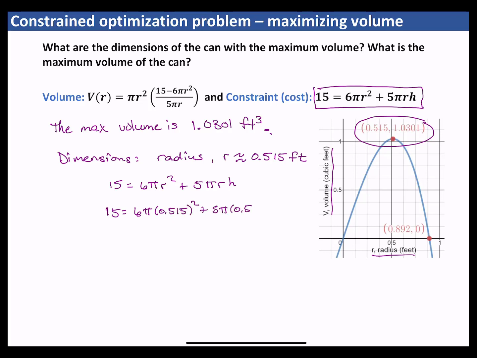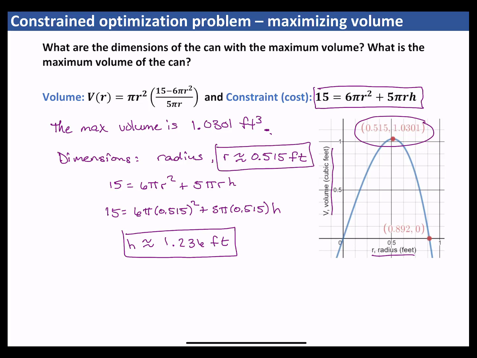I will let you do the algebra to get h alone, but you would find that the height is approximately 1.236 feet. So the dimensions of this can would be a radius of approximately 0.515 feet and a height of approximately 1.236 feet, and that would produce a maximum volume of approximately 1.0301 cubic feet.